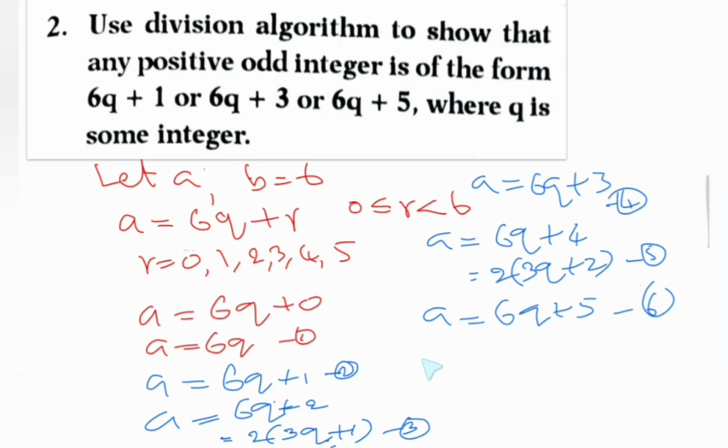From all these, we can write odd integers are 6q plus 1 and 6q plus 3 and 6q plus 5.